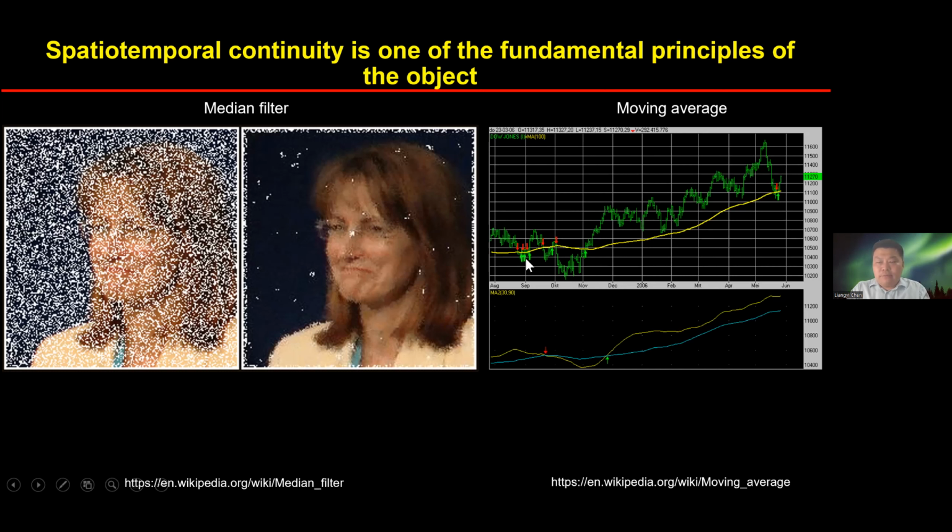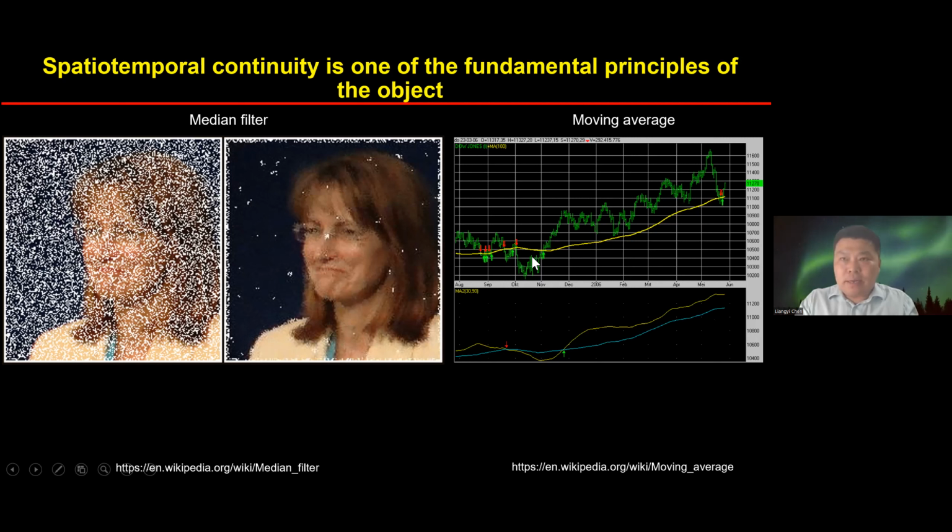If we look at the stock market, we also see that all the time fluctuations are not really the trends. If we just do a rolling average, with this period of time shifting along the time axis, we get this yellow line, which is the K line, which indicates the trend of the market for this stock.